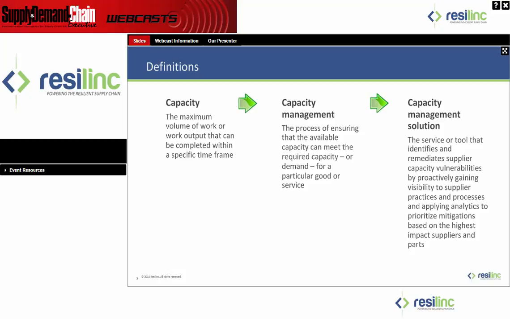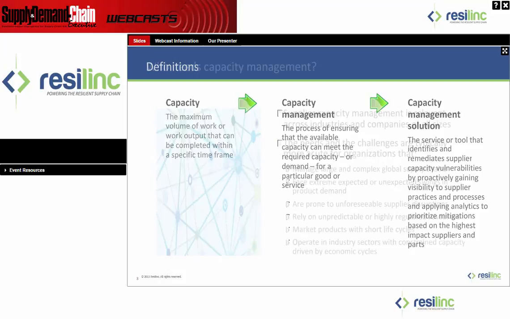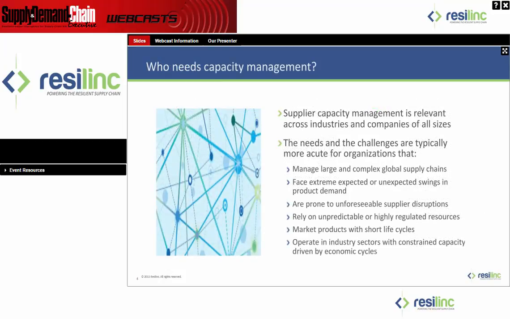And a capacity management solution is something for you. As a customer, it helps you develop visibility into your supplier's capacity-related processes, get an understanding of risks related to the supplier's ability to meet demand, proactively mitigate such risks, and react to unforeseen disruptions.